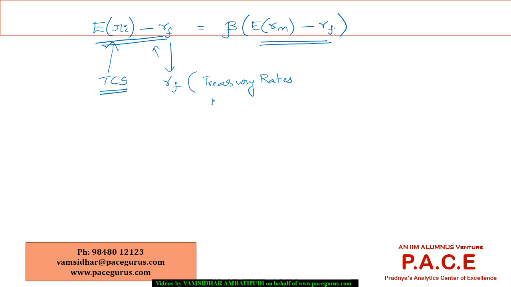In the example that I am going to showcase, I am going to use MIBOR, which is the Mumbai Interbank Offered Rate, which is similar to LIBOR in the international market. MIBOR is specific to the Indian market.